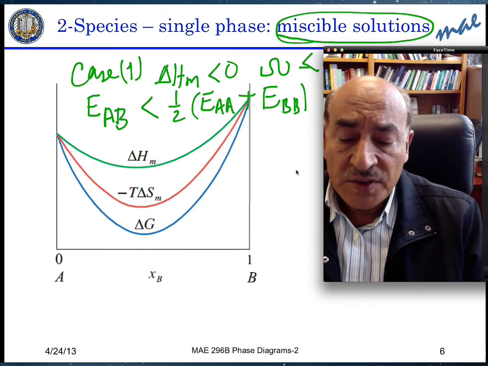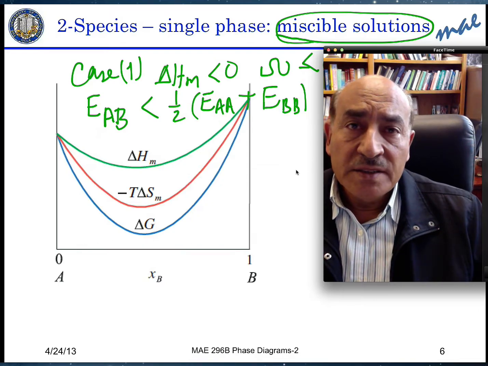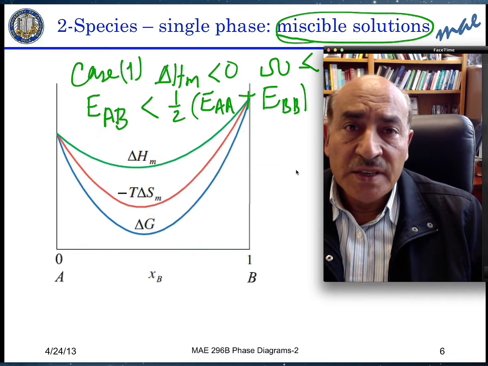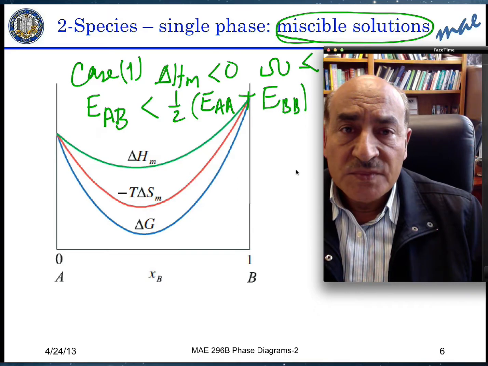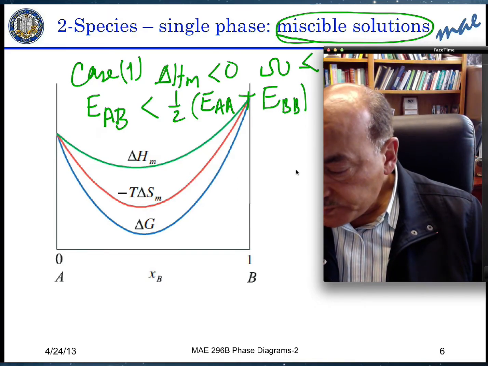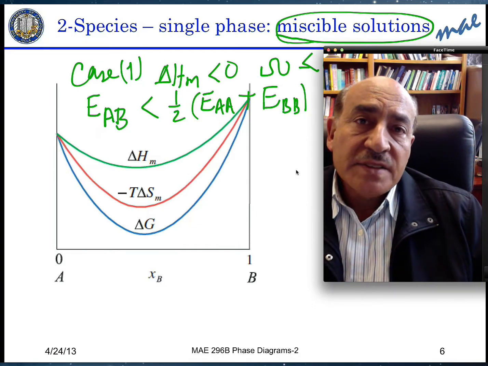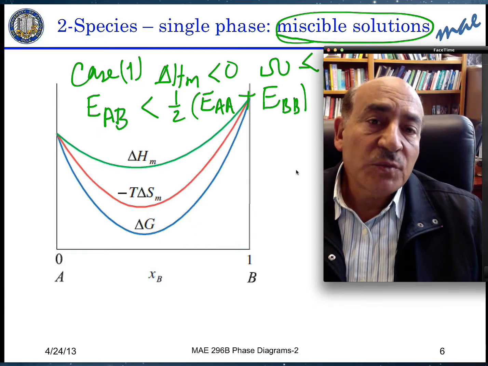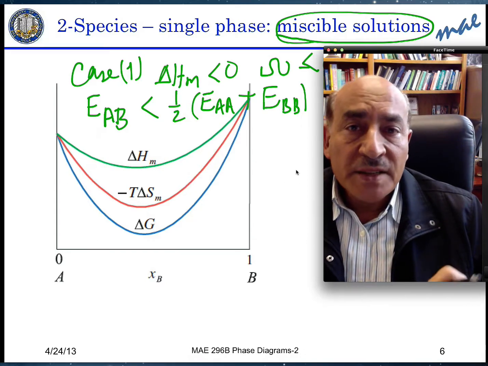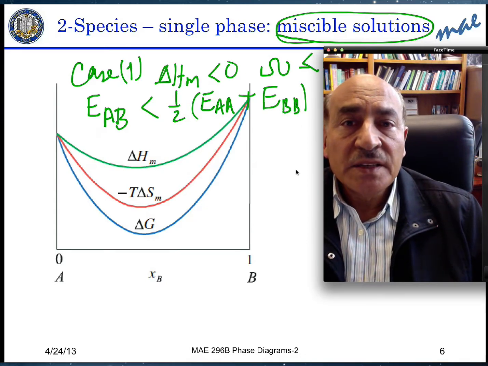So when they are together, they like each other, so the energy decreases when they see each other. So in this case it's attractive, and they like to be together, so they don't want to separate from one another. The energy per bond decreases when they come together.